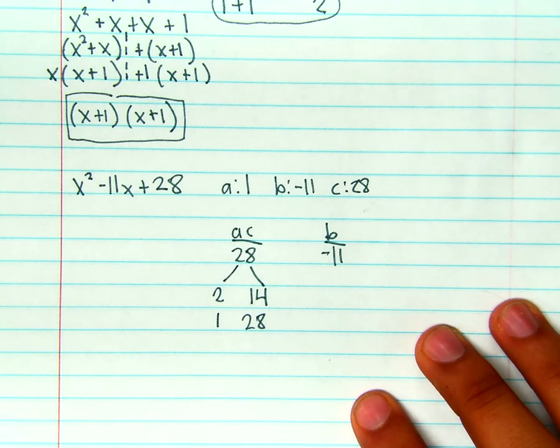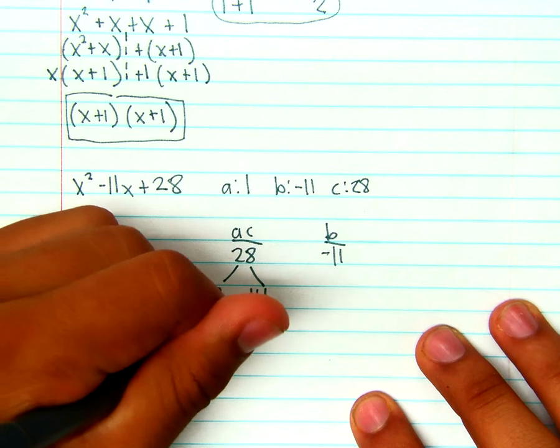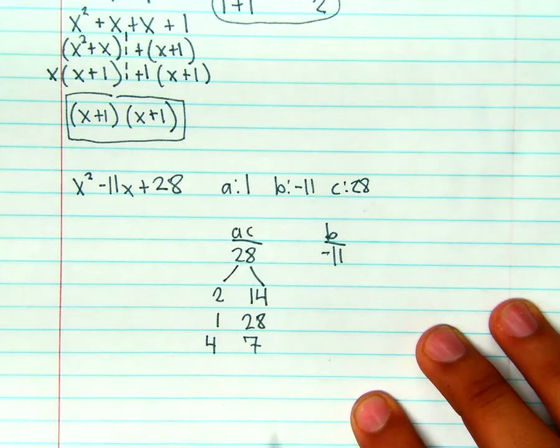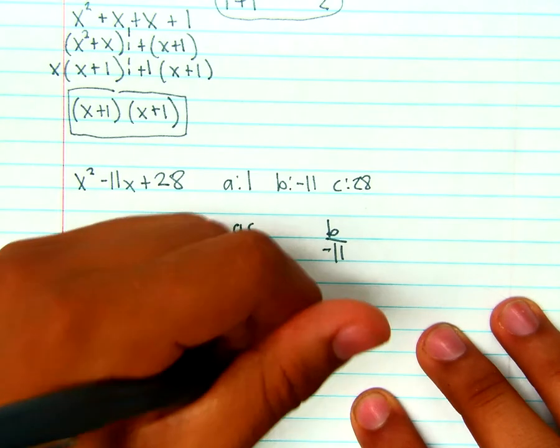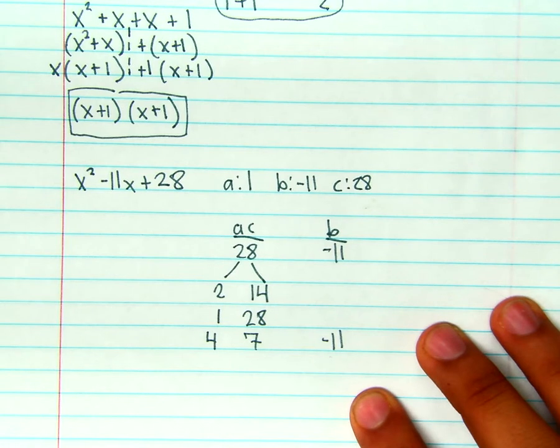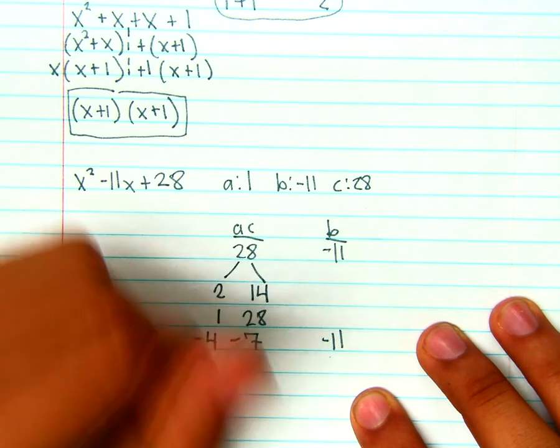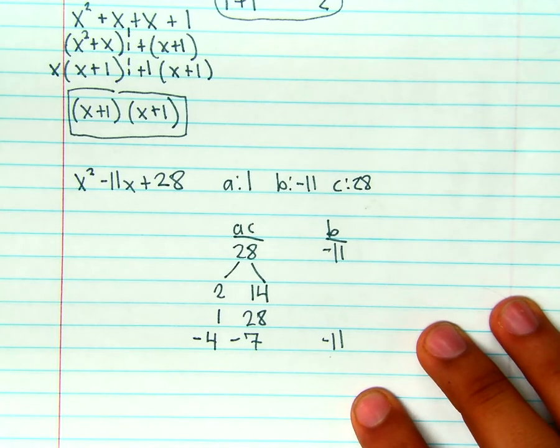No. Alright, so what is another set of factors? 4 and 7. Now, will any combination of 4 and 7 give us negative 11? What can we do? Negative 4 and negative 7. So negative 4 minus negative 7 will give us negative 11.